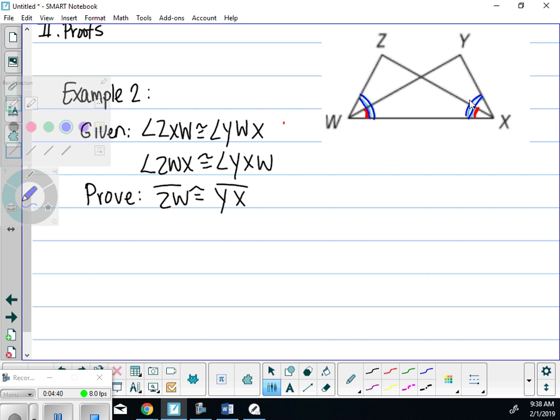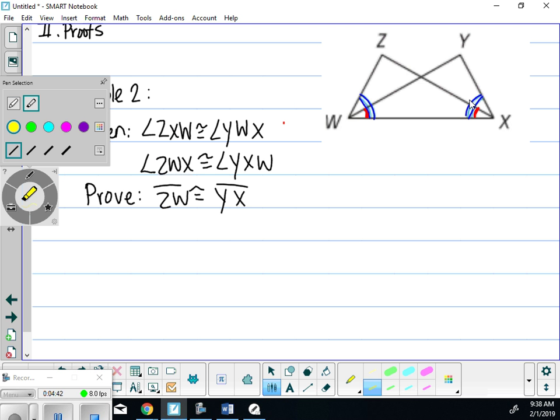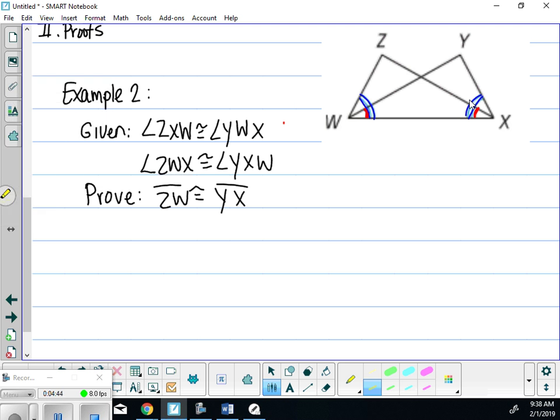If we look at what we're given, we're given this angle congruent to another little angle, and then a bigger angle. So essentially we're forming that triangle, which has YX in it, and this triangle, which has ZW.